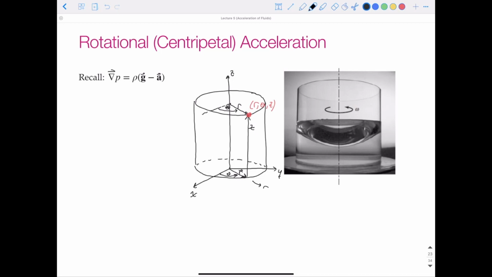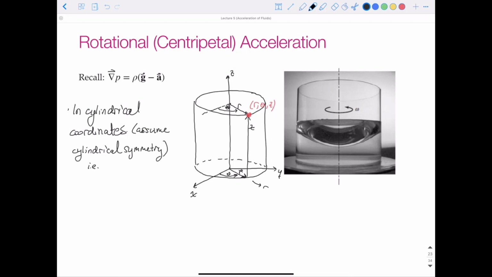So if we rewrite our pressure gradient in cylindrical coordinates, and we assume cylindrical symmetry, so that means we have a container that is symmetric in the theta direction, the partial derivative with respect to theta is just going to be equal to 0, regardless of what we take the partial derivative of.